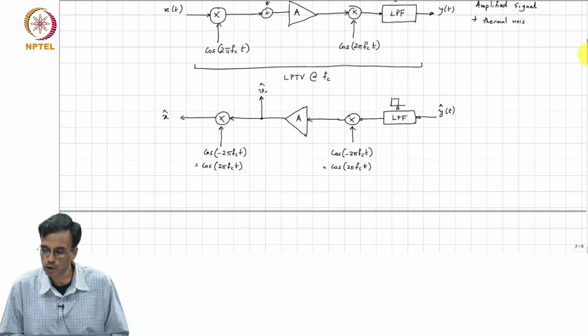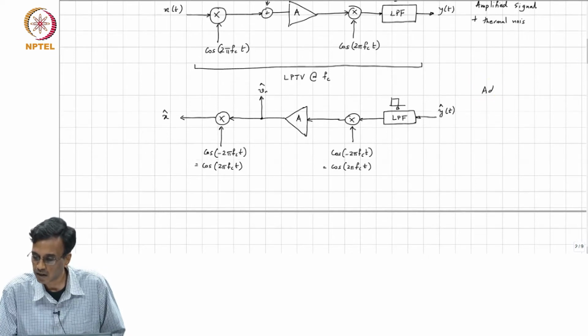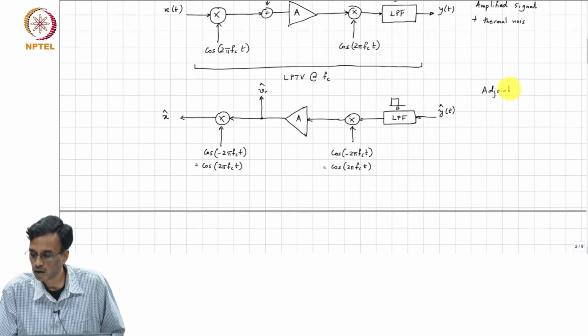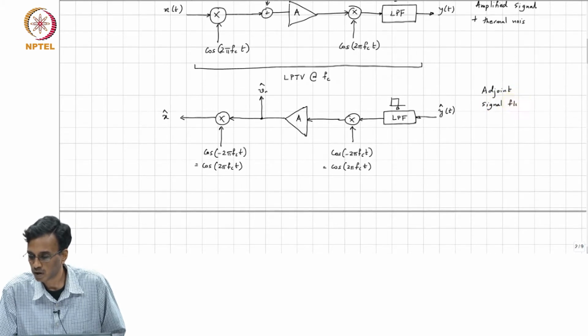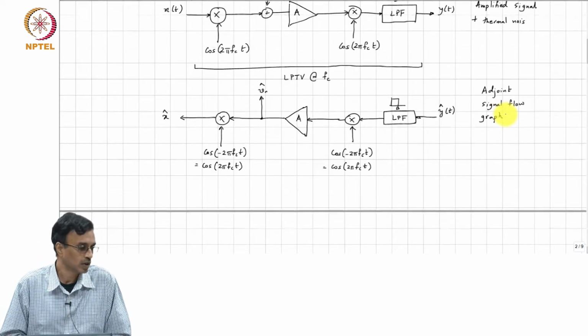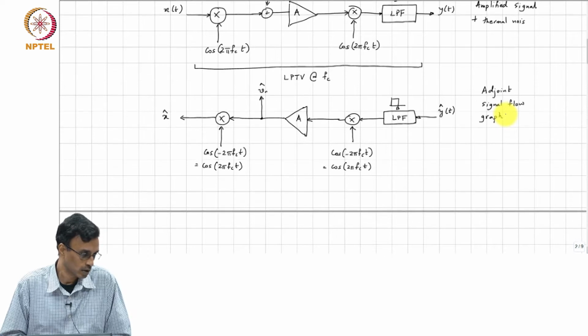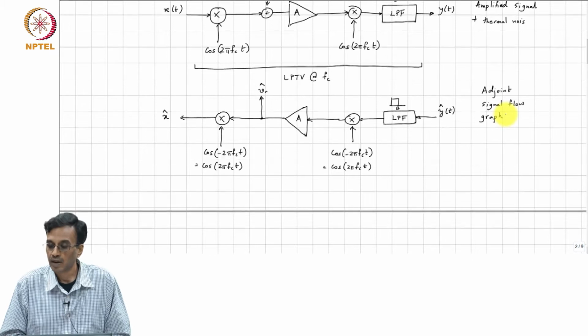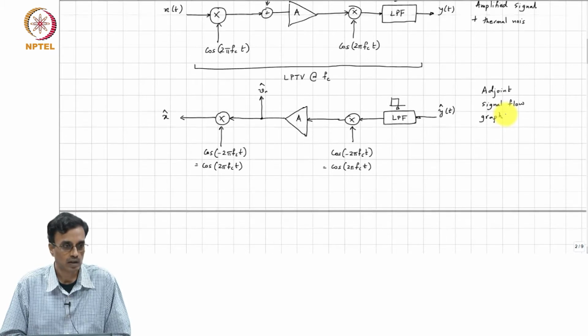So, what should we do? This is the adjoint signal flow graph. What do you think we can do? We'll apply the signal at F only.